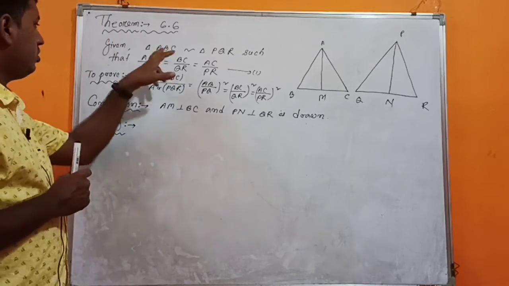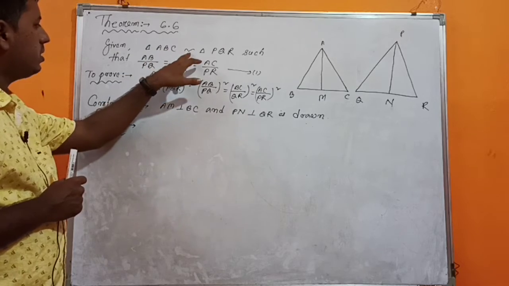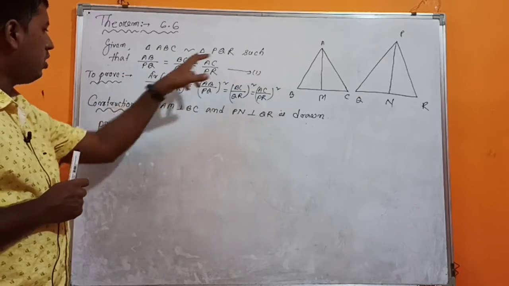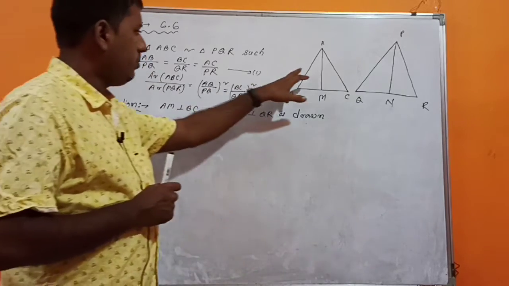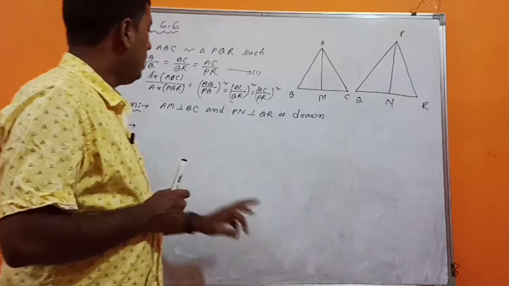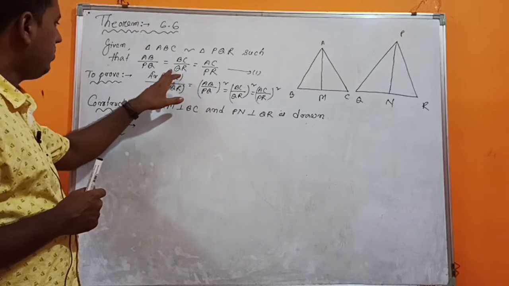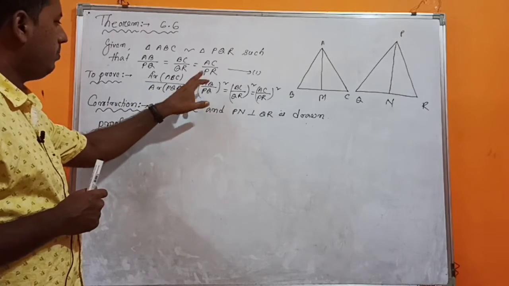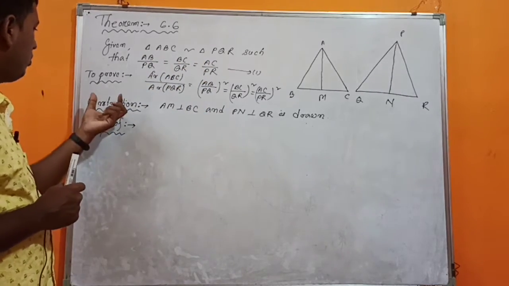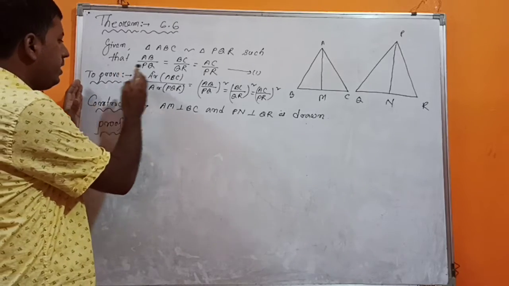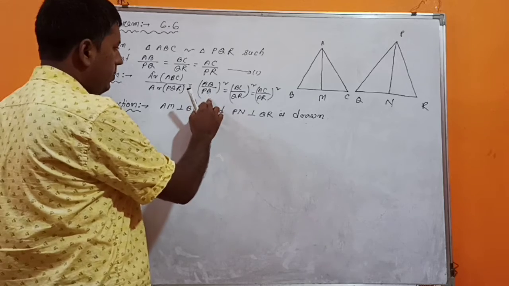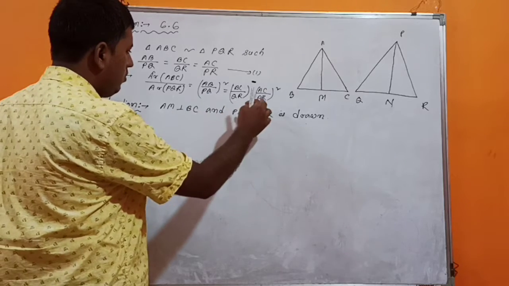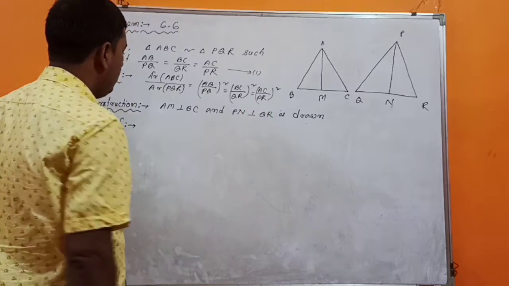So since triangle ABC is similar to triangle PQR, I can write AB by PQ is equal to BC by QR equal to AC by PR. And we have to prove area ABC by area PQR equal to AB by PQ whole square equal to BC by QR whole square equal to AC by PR whole square.